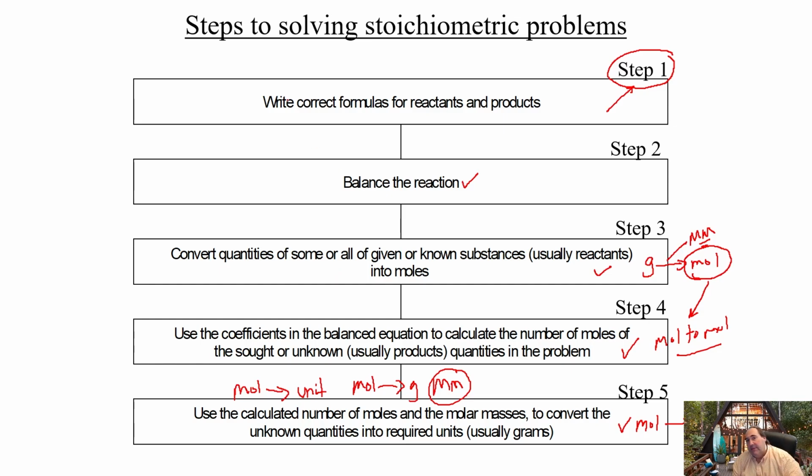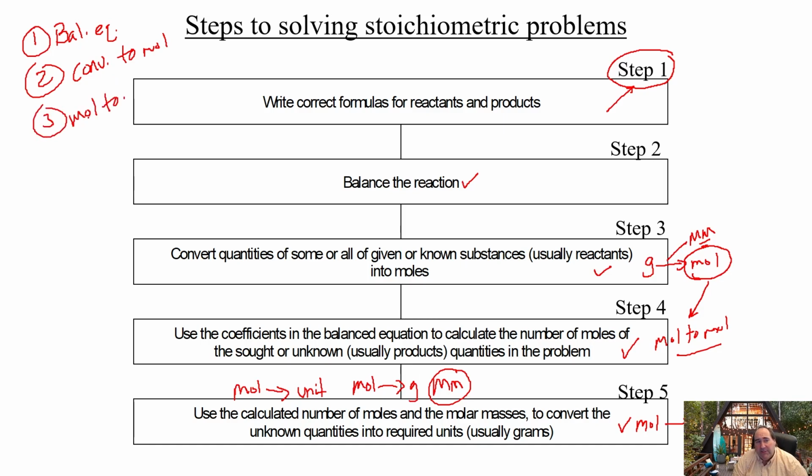So when we do basic stoichiometry problems, which is what we're going to start with today, there are really 4 steps. Most of the time, if you follow these 4 steps, which are: make sure you have a balanced equation, convert to moles, make sure you find the mole to mole relationship, and again, that is from the balanced equation, and then take moles to some other unit.